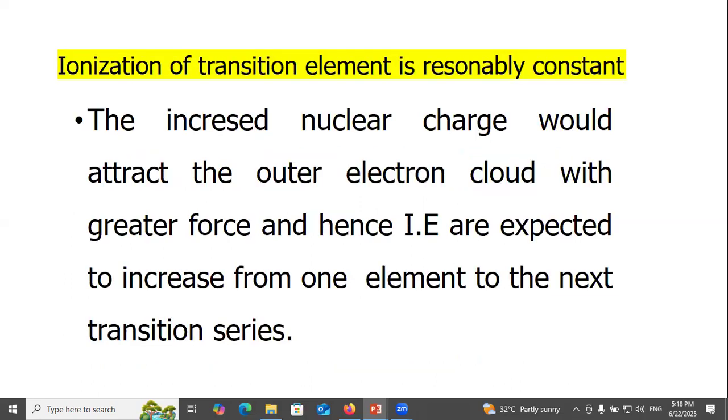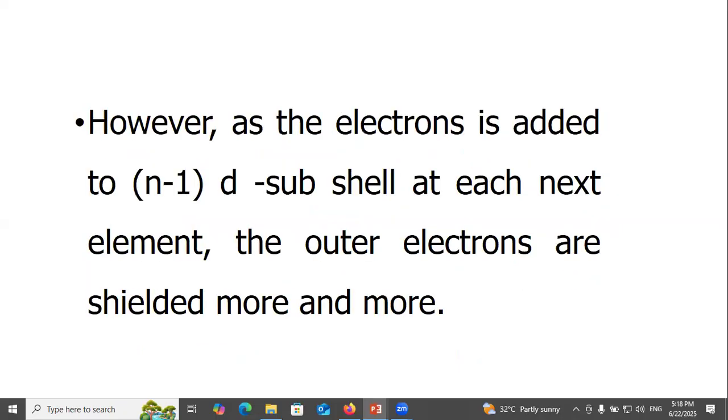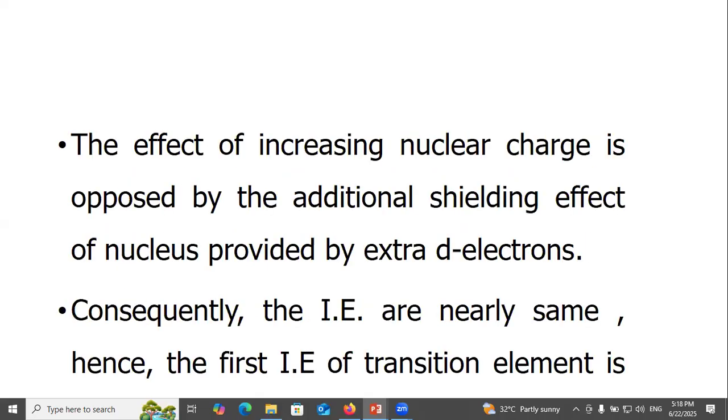Ionization energy of transition elements is reasonably constant. The increased nuclear charge would attract the outer electron clouds with greater force, and hence ionization energy is expected to increase from one element to the next in the transition series. However, as electrons are added to the (n minus 1) d subshell at each next element, the outer electrons are shielded more and more. The effect of increasing nuclear charge is opposed by the additional shielding provided by the extra d electrons.